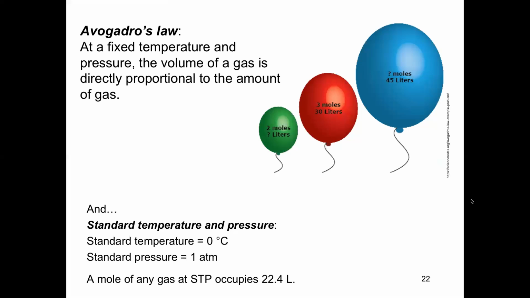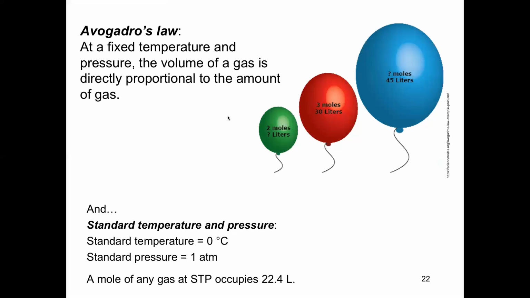So if you know that 3 moles fit in 30 liters at whatever temperature and pressure you're at, you can figure out proportionally how many liters 2 moles would occupy. Or if you have 45 liters, how many moles will that be? Because this has to be proportional.